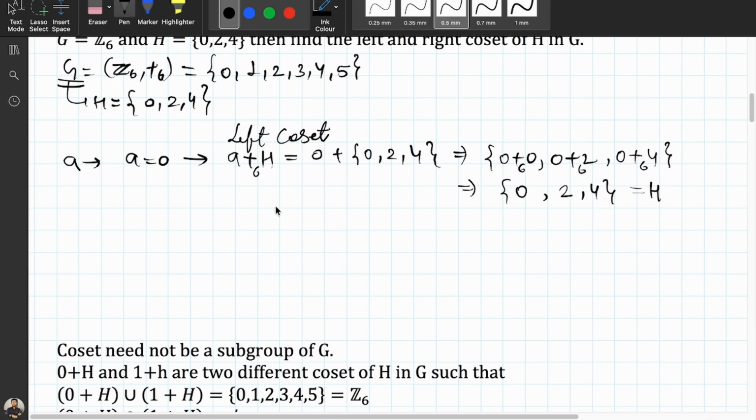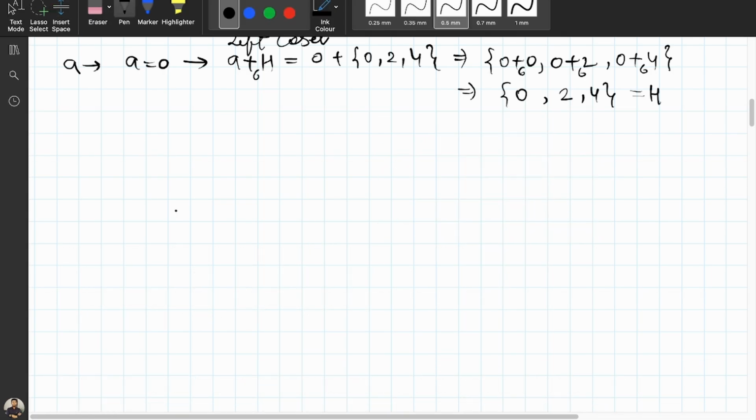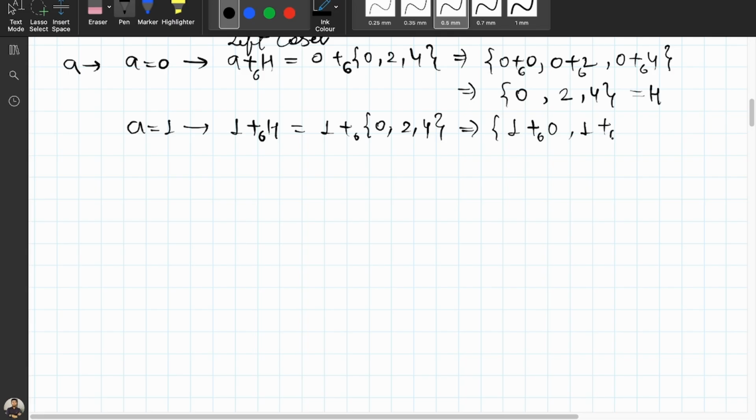Next, my A is equal to 1. Then it is 1 plus addition modulo 6 with H, that is 0, 2, 4. So 1 addition modulo 6 with 0, 1 with 2, 1 with 4, and this is going to be 1, 3 and 5.